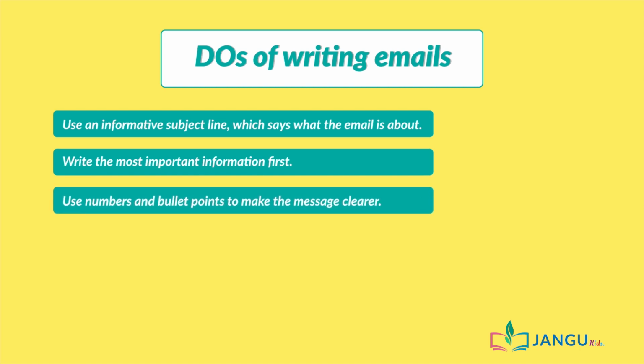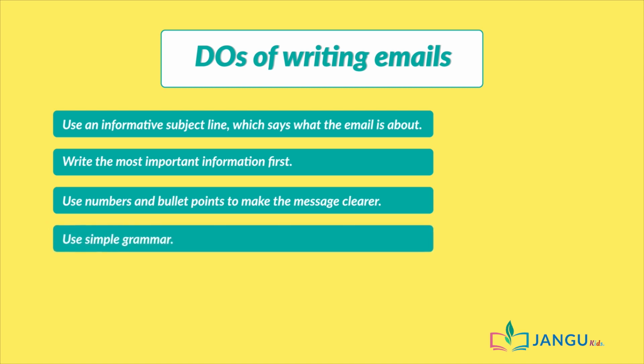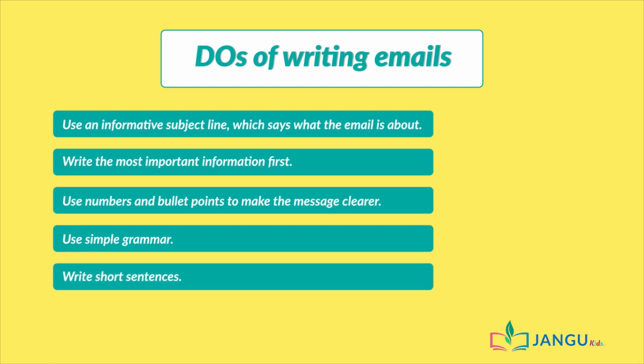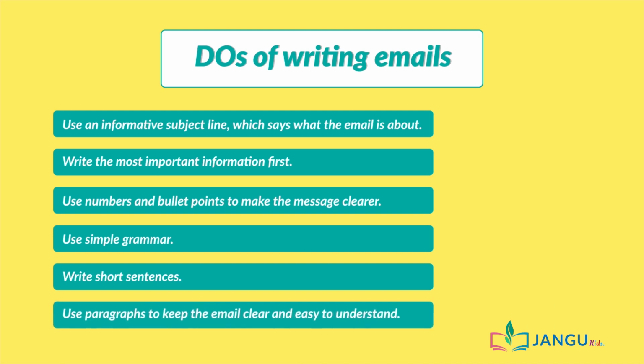Use numbers and bullet points to make the message clearer. 4. Use simple grammar. 5. Write short sentences. And 6. Use paragraphs to keep the email clear and easy to understand.